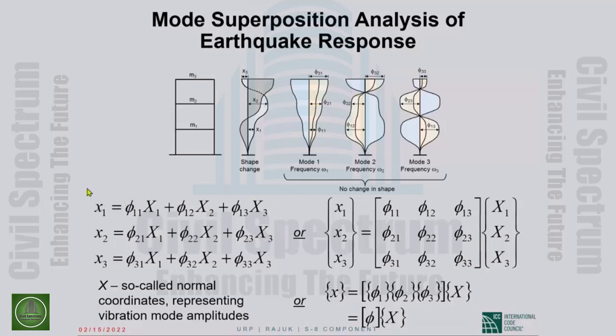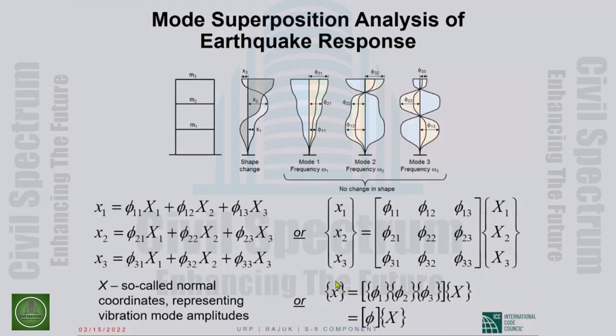So that is kind of an important way of looking at how a multi-degree of freedom system deforms. So we can write this in matrix notation. The vector of the actual displacements is the mode shape matrix multiplied by the vector of those multipliers, which are called generalized coordinates, whatever the multipliers, the capital X's. Okay.